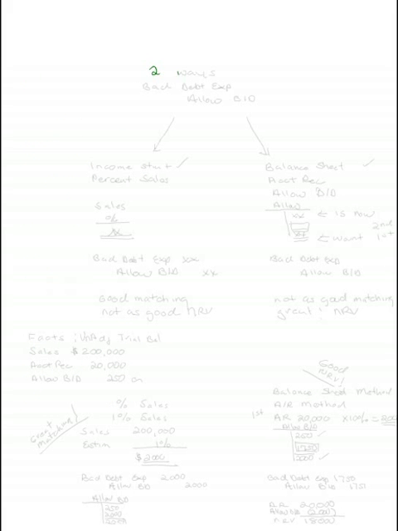There are two ways, there's a lot of two ways in this chapter, isn't there, to come up with the estimate, to come up with this entry: bad debt expense and allowance for bad debts account. The first method focuses on the income statement, and it's called the percent of sales.